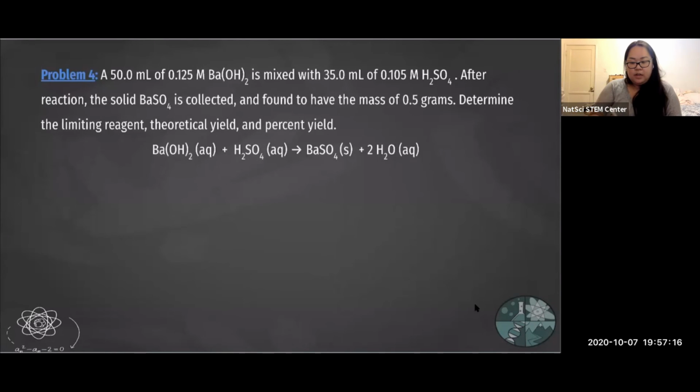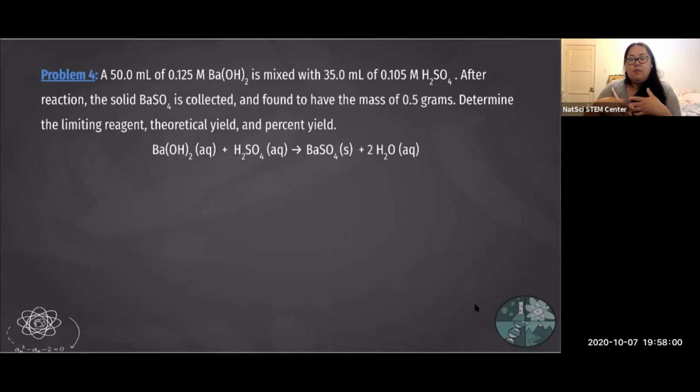So limiting reagent is, actually, the maximum amount of reactant that you have. For this one, you're going to use this information and find whether it's this reactant or this one that is the limiting reagent. So which one runs out first?